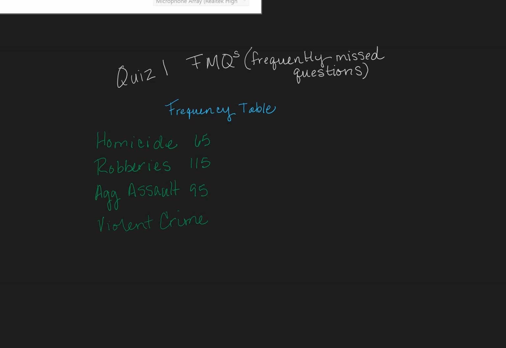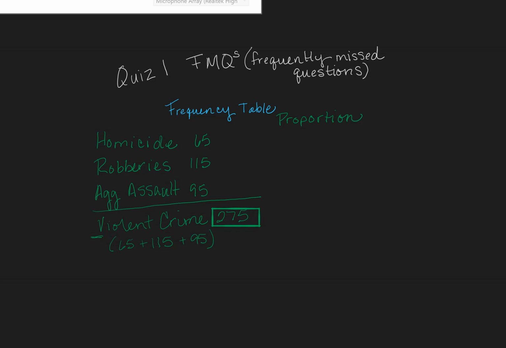The first thing we do is get the sum of homicide, robberies, and aggravated assault, because those three measures go into the violent crime category. Once we add those up, we get a violent crime number of 275.